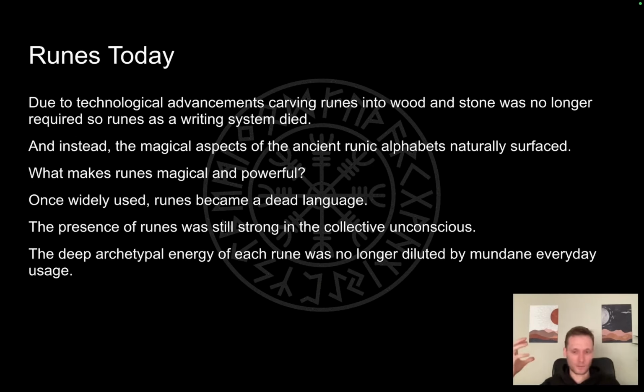So the conscious memory of this alphabet has faded, but the collective unconscious still had these symbols. And the deep archetypal energy of each rune was no longer diluted by mundane everyday usage, which made those symbols hold more power.